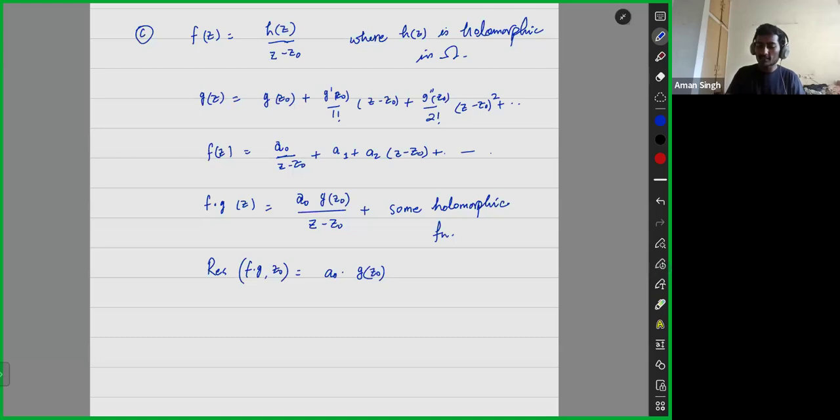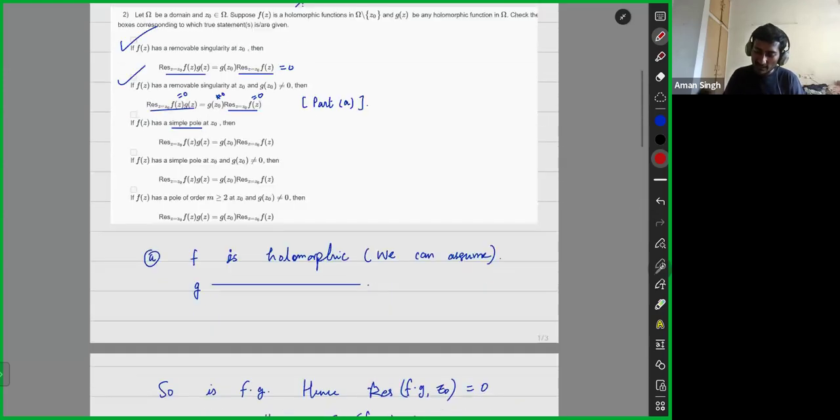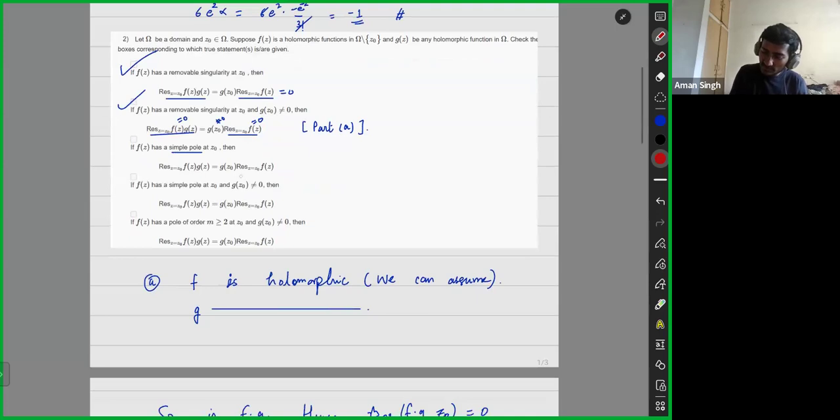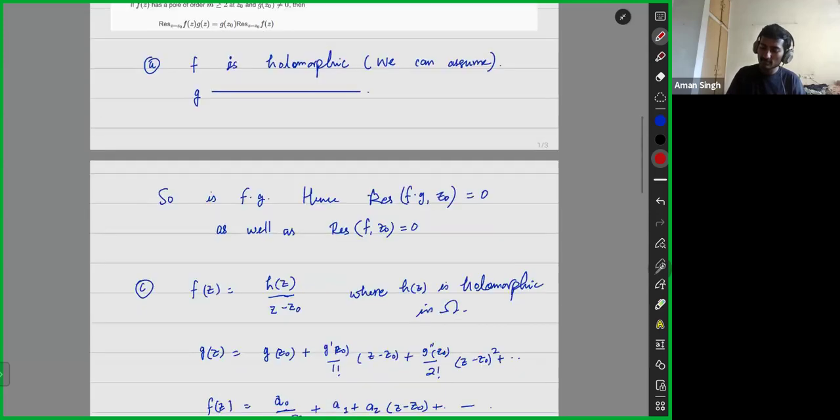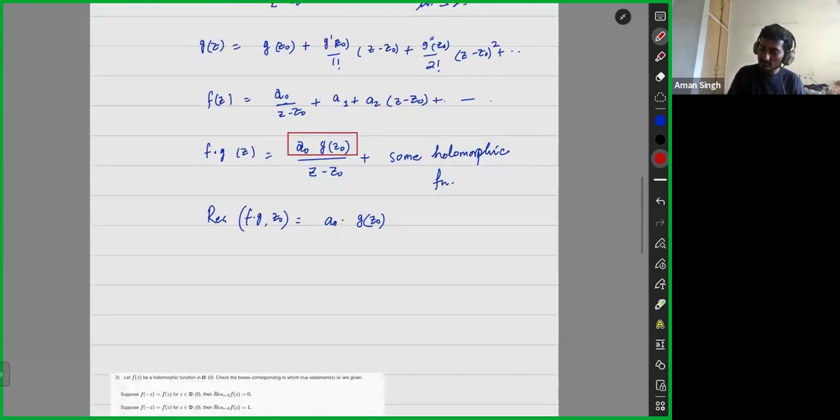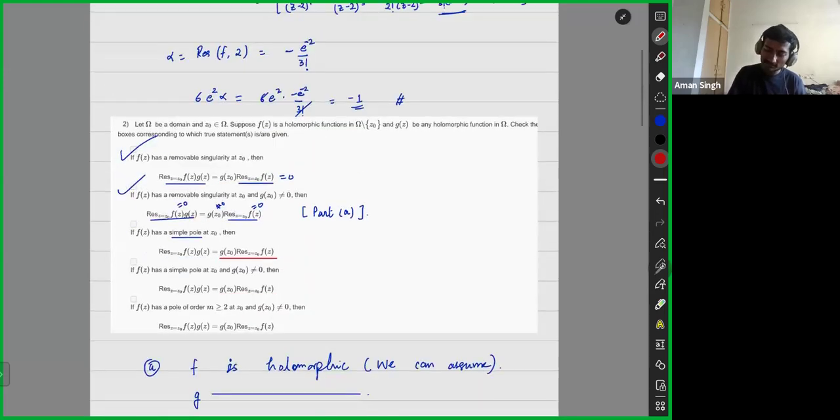We have already explained that residue is defined this way: the coefficient of the first negative term, a minus 1, in the Laurent expansion. So here it is, this part. The right-hand side says g(z naught) into the residue of f at z naught. So this is correct. The third option is correct.